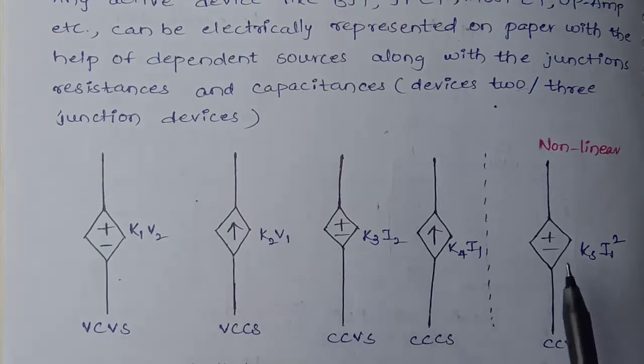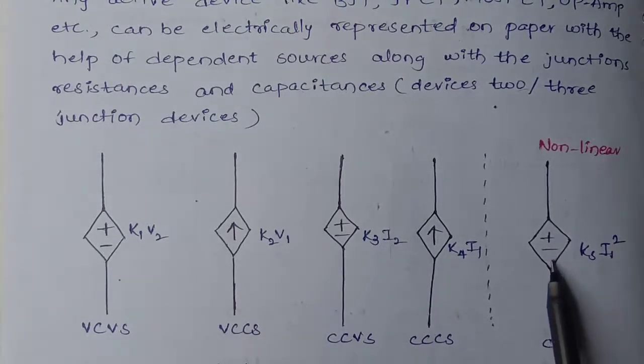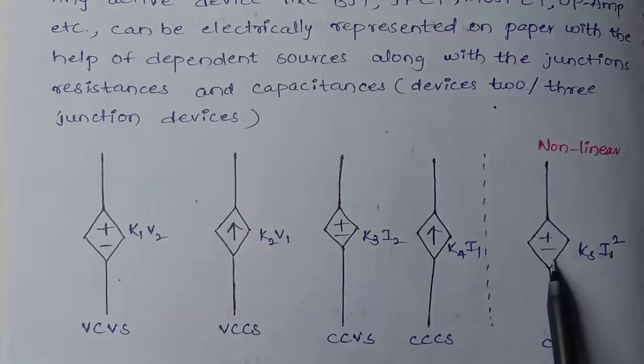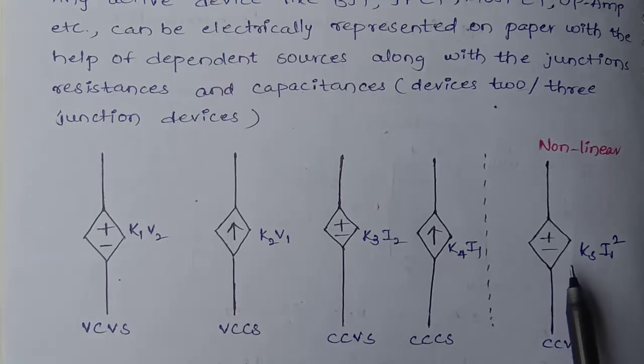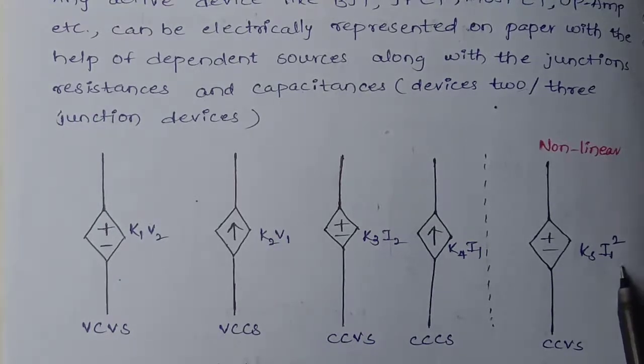So what is this non-linear dependent source? This is also a dependent source, but it does not follow Ohm's law. That means it is having some relation. We are taking that relation as I squared.